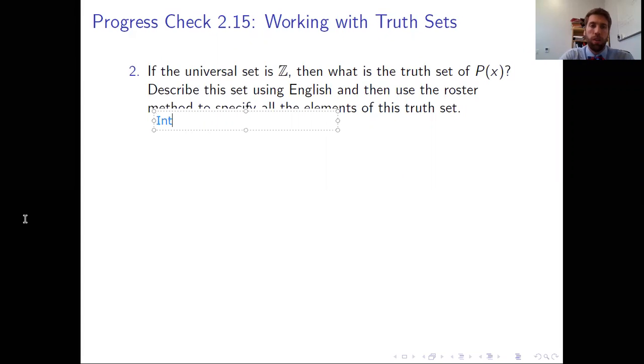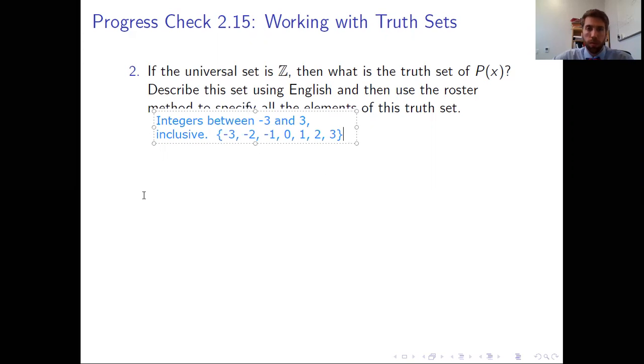So integers between -3 and 3 inclusive. So another way to write it would be -3, -2, -1, 0, 1, 2, and 3.